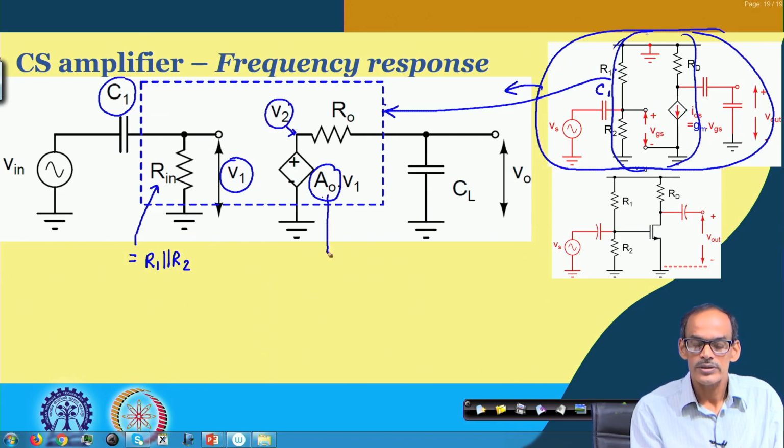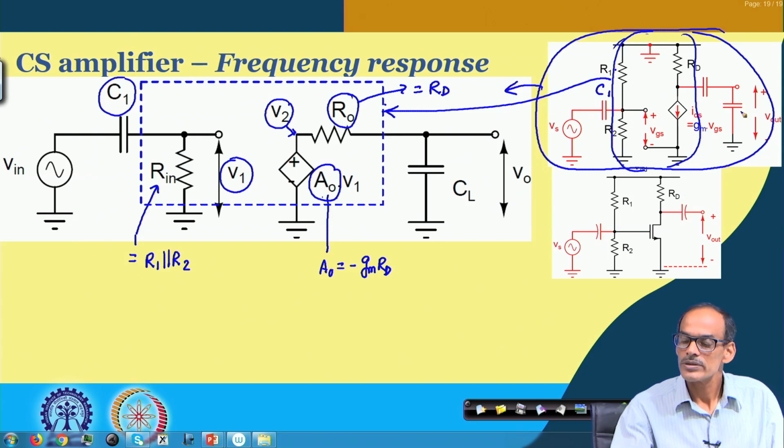So, we can say that A naught equals minus Gm into Rd, and then Ro equals this Rd, and then the Cl is dominating compared to the C2. So, this capacitor is approximately the Cl.